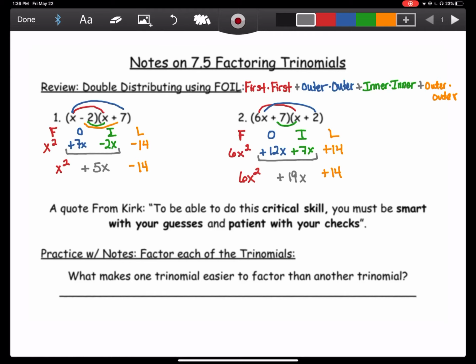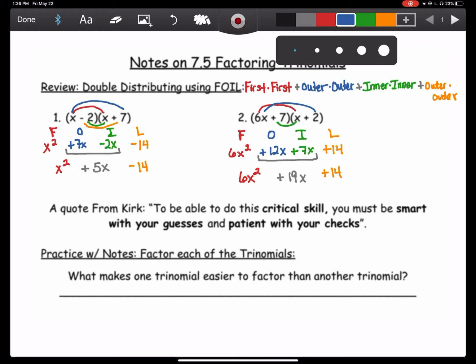It says practice with notes, factor each of the trinomials. My first question is, what makes one trinomial easier to factor than another trinomial? And the answer is really a trinomial with a leading coefficient of 1.